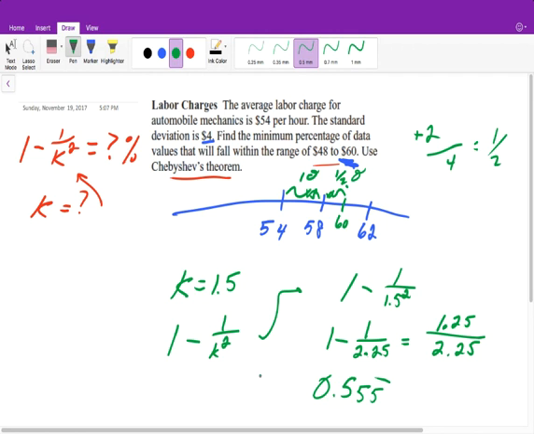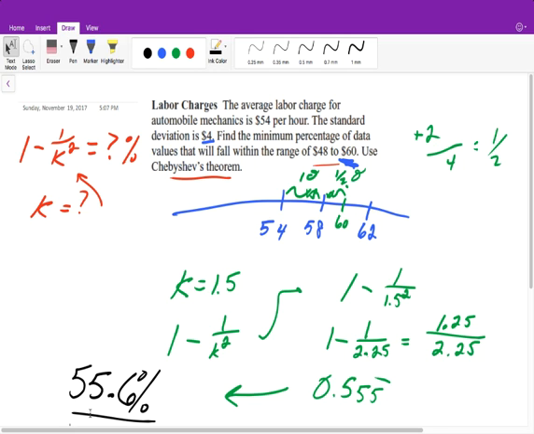So then our answer, because we want it in percentage, would be 55.6%. Right, so a minimum of 55.6% of our data would fall between those two numbers in that range.